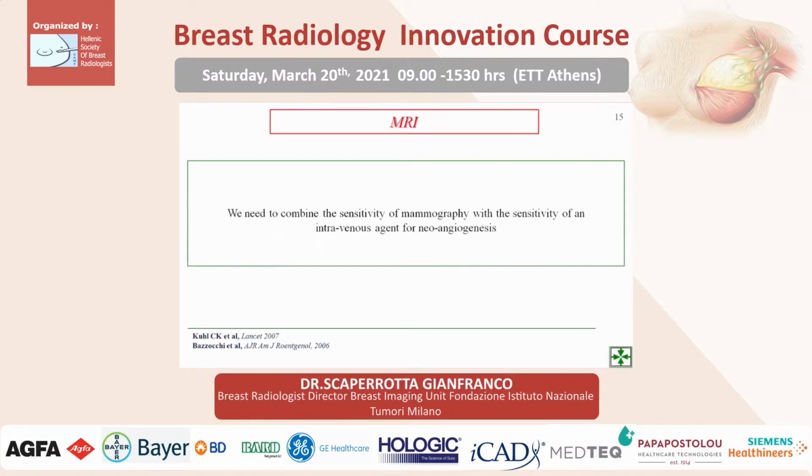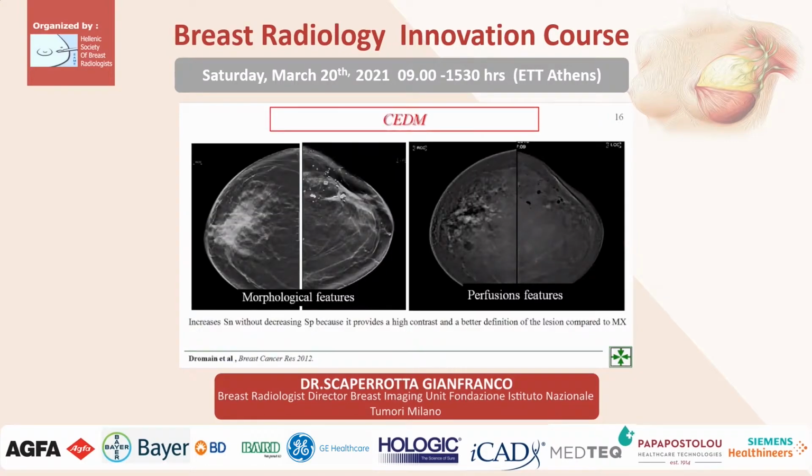We need to combine the sensitivity of mammography with the sensitivity of an intravenous agent for neoangiogenesis, like CEM. This is, for example, a normal aspect, before extent of disease, with disease in the other side.